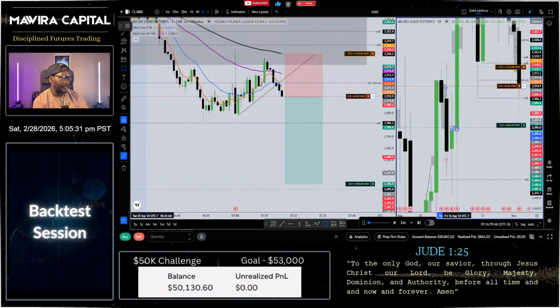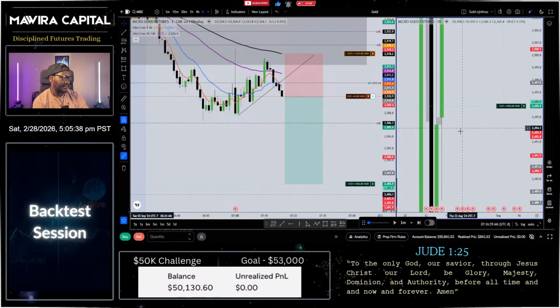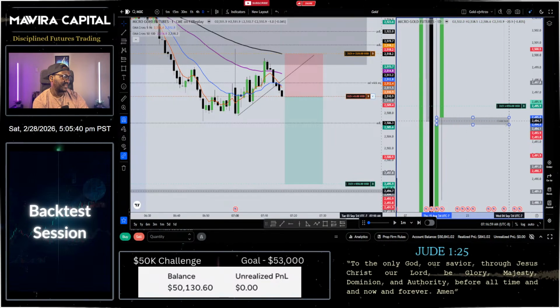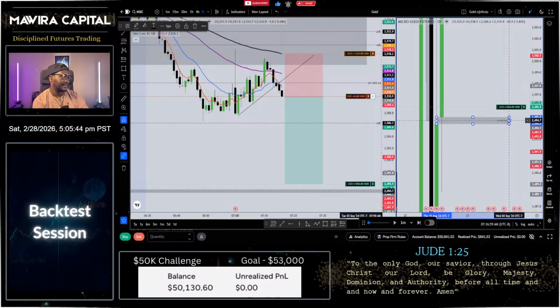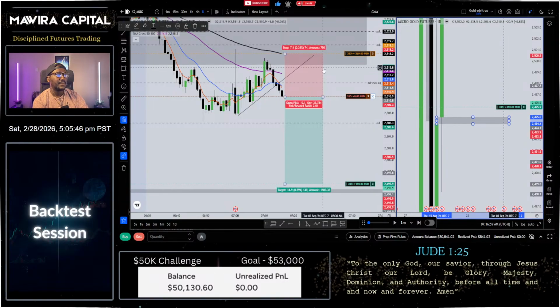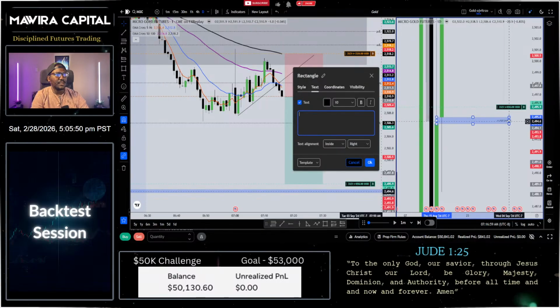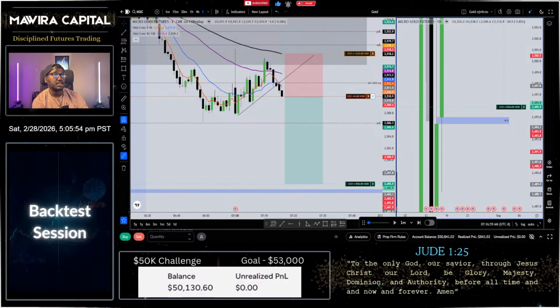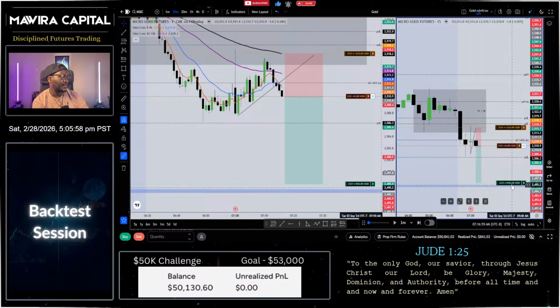See that gap? That is something price could want to gravitate to. But I don't know. That's a volume imbalance on the daily time frame. So let's see if we want to get there or if we're gonna get smoked.